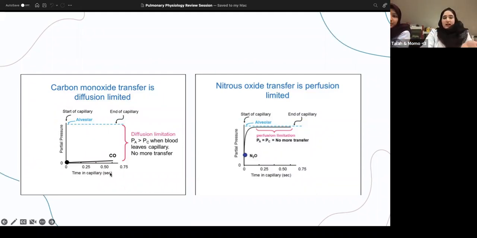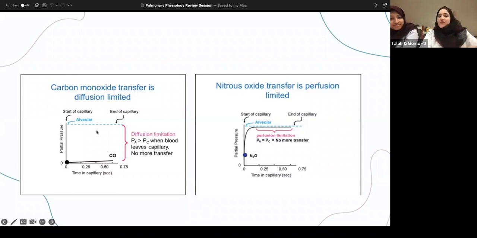But in here, even if it's saturated, we still have a higher partial pressure in the alveoli. As you can see here, PA is more than PC when blood leaves the capillary, because it can't be saturated at a higher level. Therefore, it's going to be limited by the amount of carbon monoxide that diffuses through. So nitric oxide and oxygen depend on the amount of new blood we have, but here it depends on how much carbon monoxide diffuses into the blood.